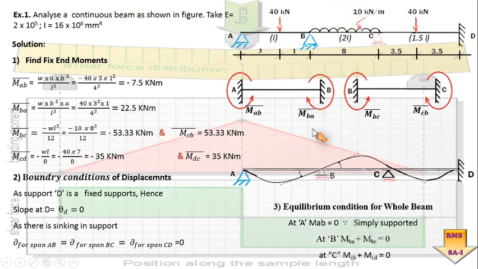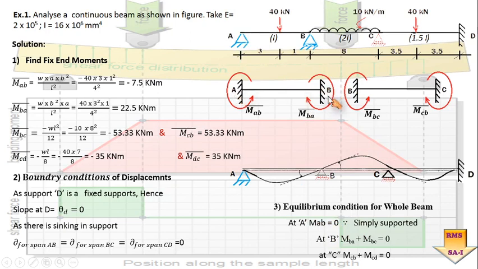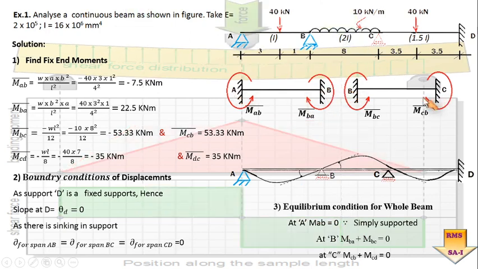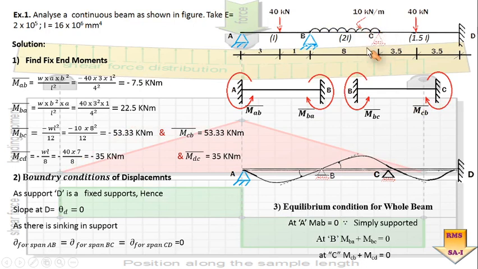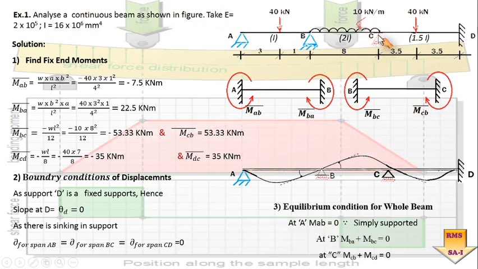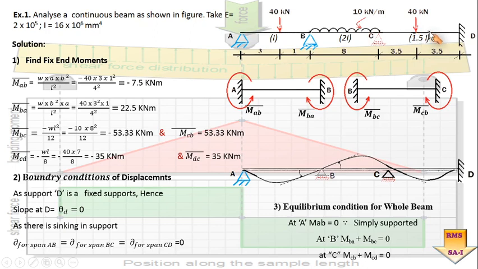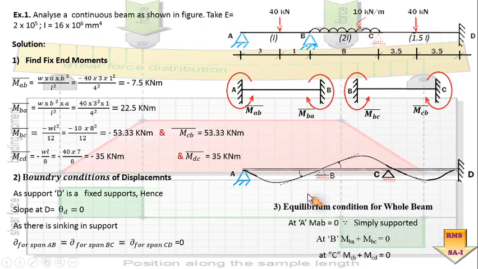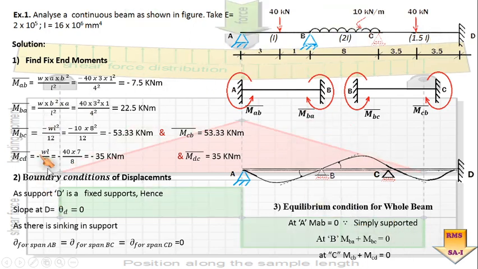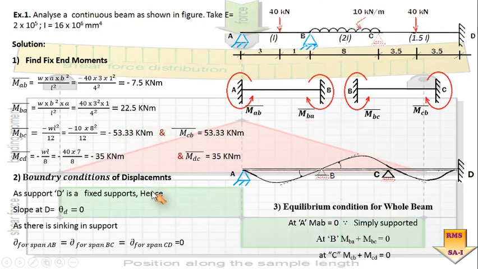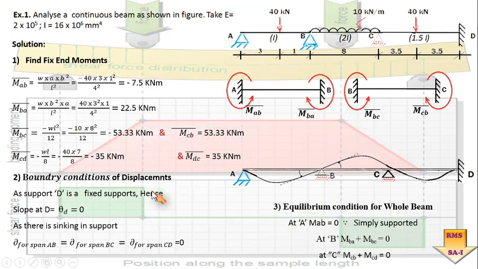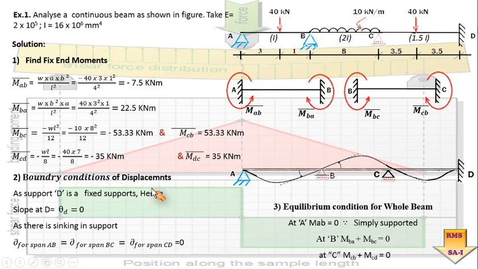Similarly about point B, MBA plus MBC should be equal to 0, and same is the case with this C support. Is it okay? So at C support MCB plus MCD should be equal to 0. So these are the prima facie values which will be further used for the analysis of this particular continuous beam by the slope deflection method.